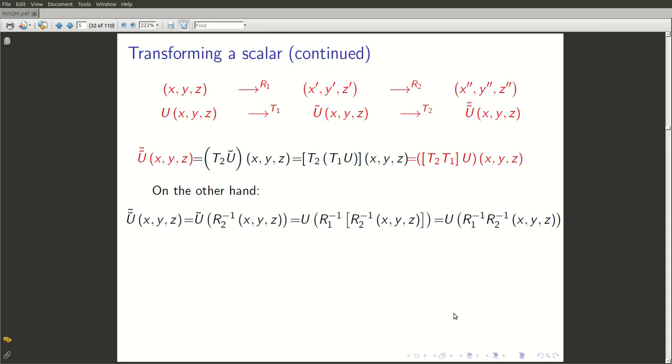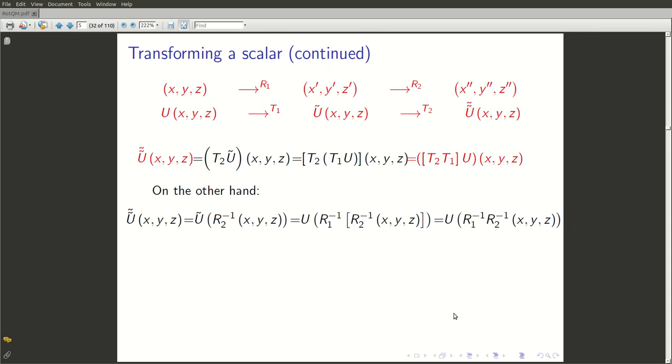However, we know one thing from elementary algebra. If you want to invert a succession of transformations, you have to apply a succession of inverse transformations in opposite order. This is easy to understand from everyday life.